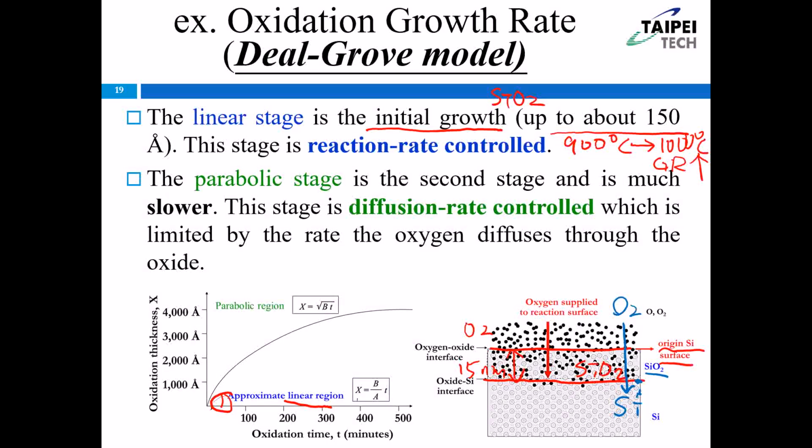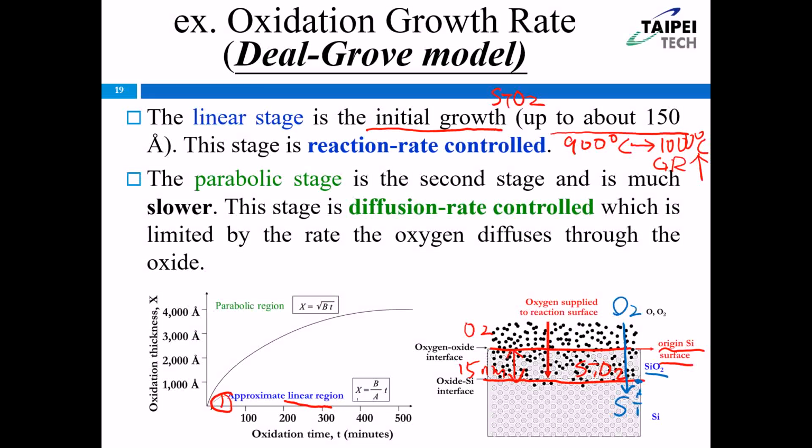Because this is the newly grown silicon surface, and we don't have a lot of reactant here. So that's the reason temperature is not important anymore, because at this silicon surface we don't have enough oxygen.